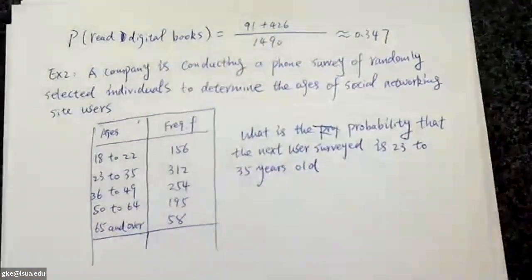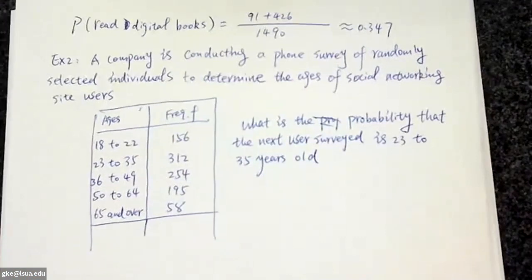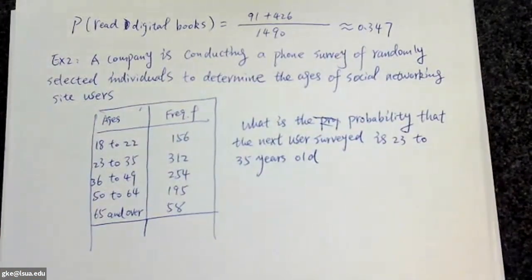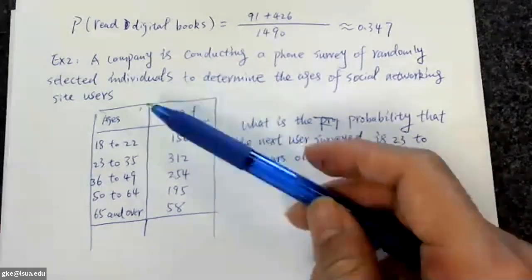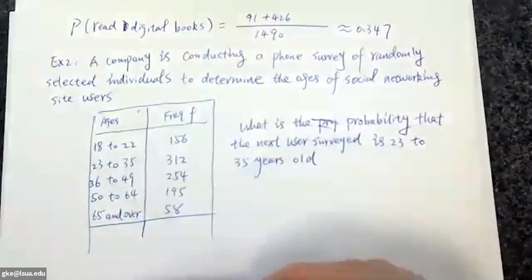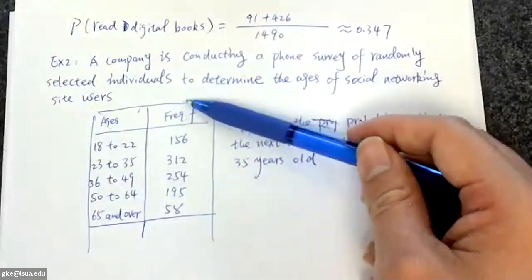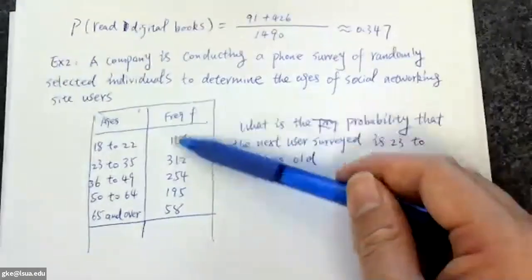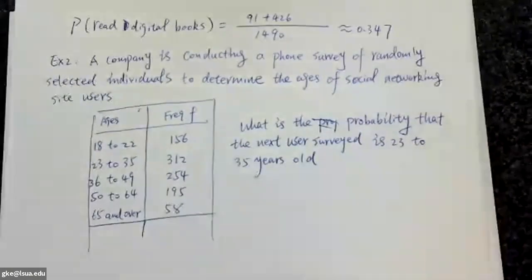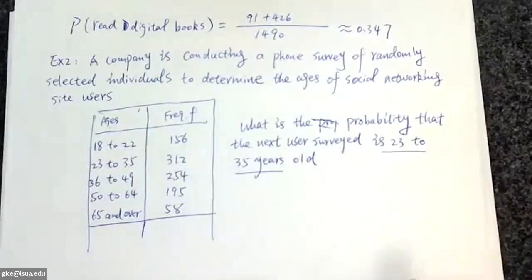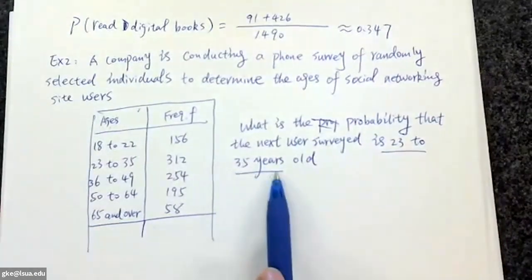Okay. Now let's take a look at this one. Here is a survey of randomly selected individuals to determine the ages of social networking site users. The first column is the ages, and the second column is the corresponding frequency. The question is to calculate the probability for 23 to 35 years old.